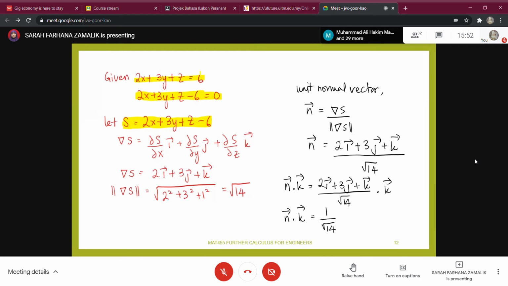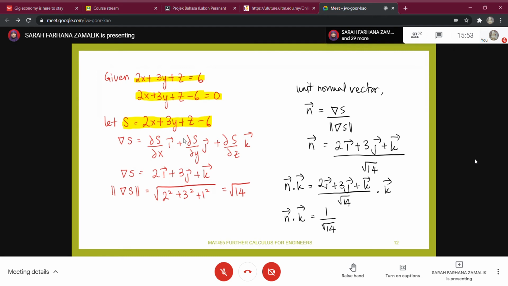Okay, 6 ni bawa pergi sebelah kiri, so dia jadi negative 6, okay? After that, kenapa kita kena tahu surface S ni? This is important sebab next part will be you want to find the gradient of your surface S. So how to find gradient?